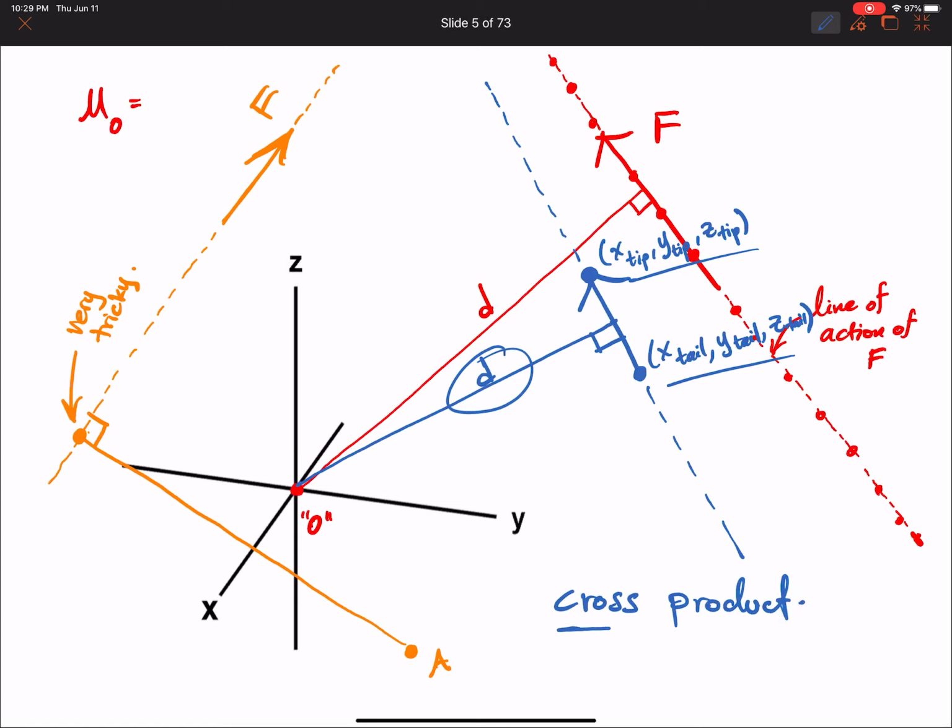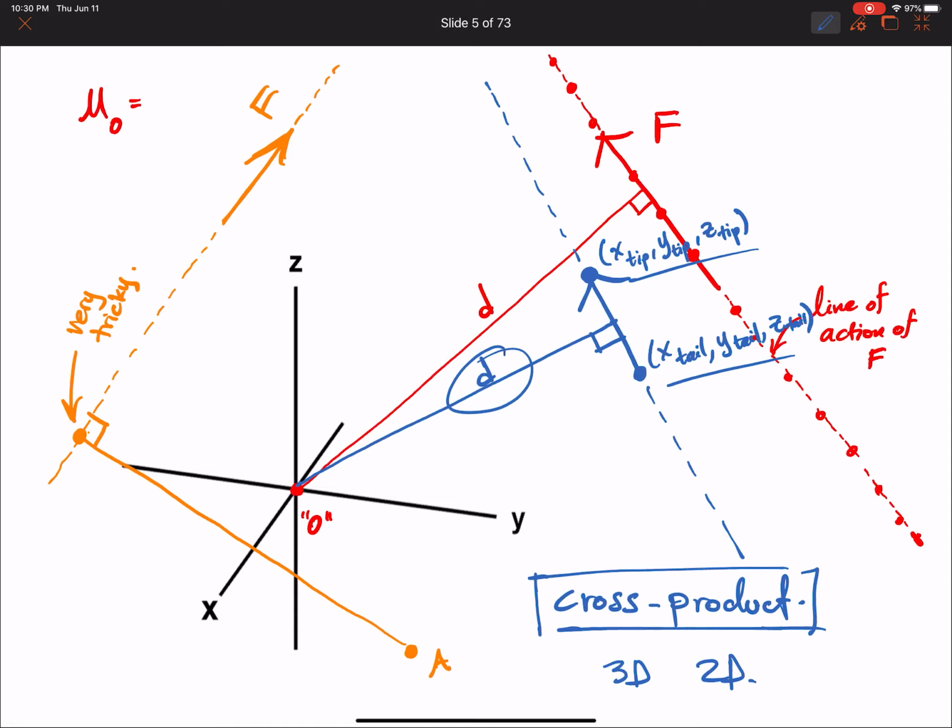When applied to a 3D vector, it doesn't matter which point of that vector you know, you will always be able to find the shortest distance. And it works for 3D, of course, and it works for 2D, and I'm sure it works in other dimensions. So this is the name of the game. We will be studying the cross product, and then we will use the cross product to calculate moments.